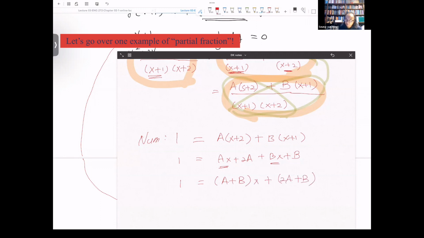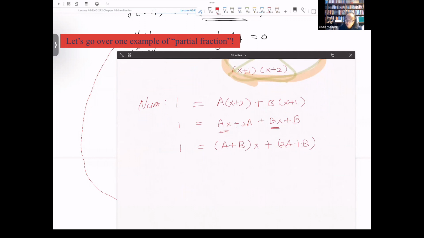When you compare the left-hand side and right-hand side, there is no x. Therefore, this has to be 0 and this has to be 1. So now we have a plus b equals 0, 2a plus b equals 1.